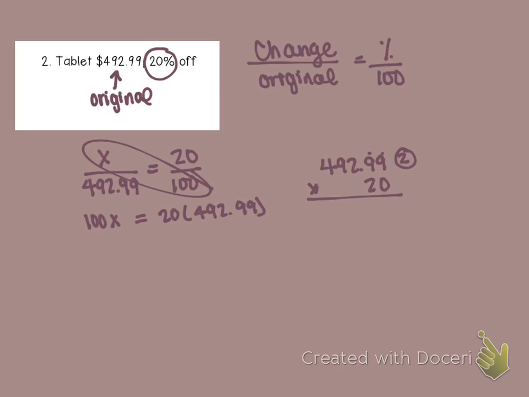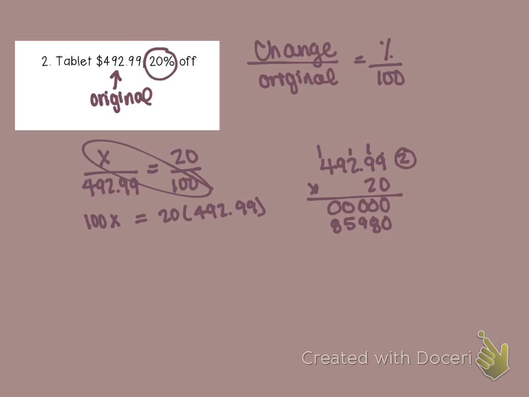So we put that off to the side and then multiply like normal. 0 times everything is 0. Add a 0 for a placeholder. 9 times 2 is 18. 9 times 2 plus 1 is 19. 2 times 2 is 4 plus 1 is 5. 2 times 9 is 18.